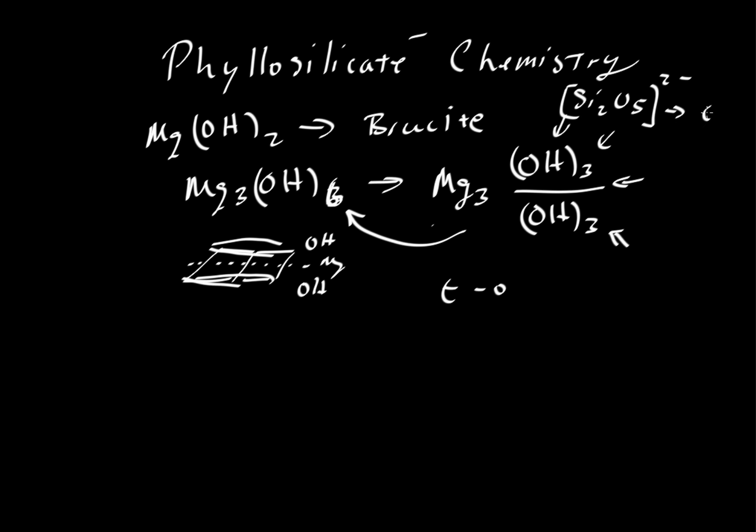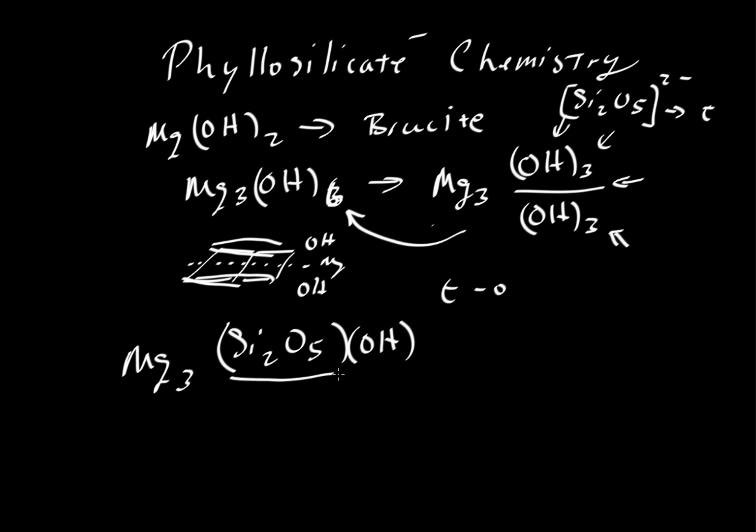And these are the tetrahedral layers that we illustrated in the earlier video. If we did that, we would have something that looks like this. We'll put Si2O5 on the top layer, and if we've taken out 2 of the hydroxyls, we have 1 left, so there's an OH left on top. And then we have 3 hydroxyls on the bottom.